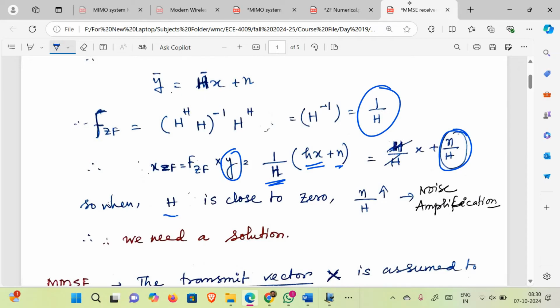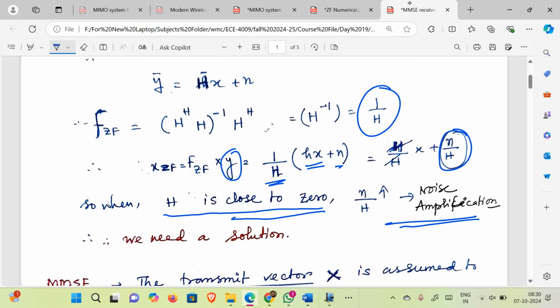Now you can see when H is very close to 0, if the channel somehow is very close to 0, then this is becoming a very problematic scenario. Because if the denominator is 0, then that N is a noise factor, right? So it increases the noise.